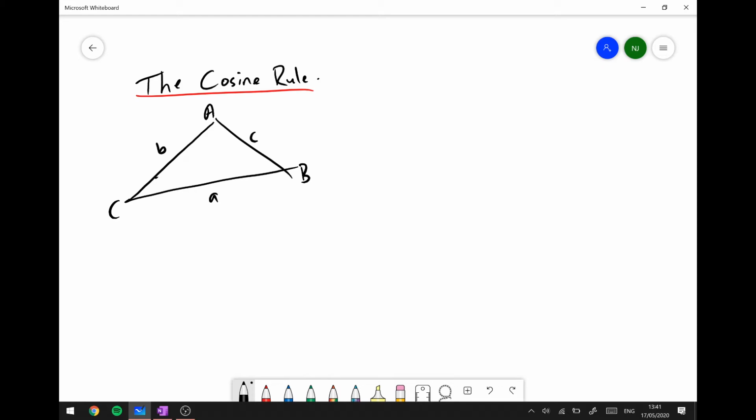So the cosine rule says that c squared, so one side squared, is equal to the sum of the other two sides squared, minus 2 lots of the product of the two sides again, and then cos of the angle.